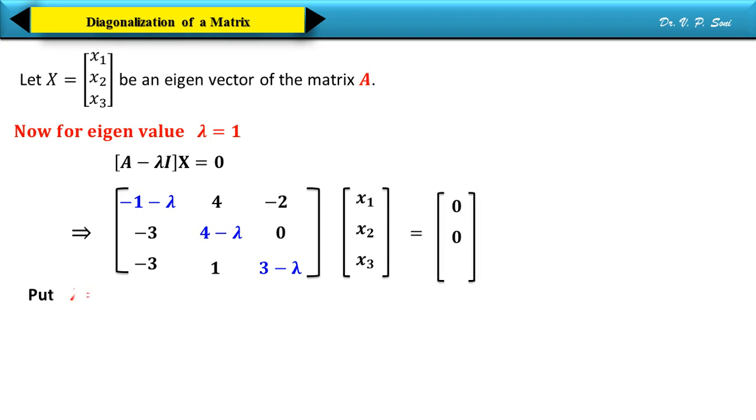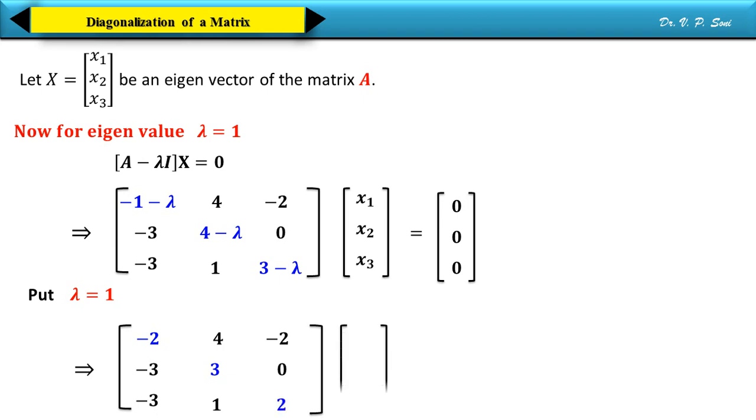Now put lambda equal to 1, then we get matrix whose first row -2, 4, -2, second row -3, 3, 0, third row -3, 1, 2, into column matrix x1, x2, x3 equal to column matrix 0, 0, 0.